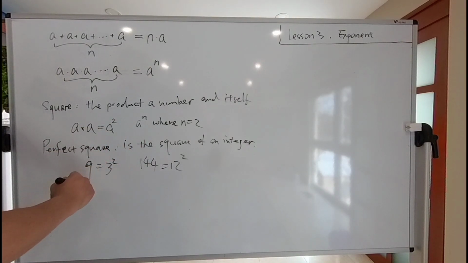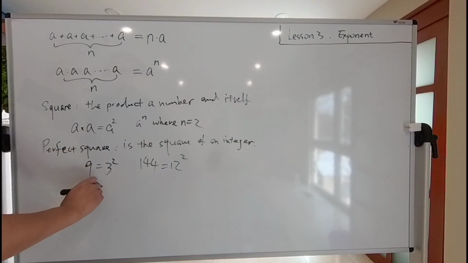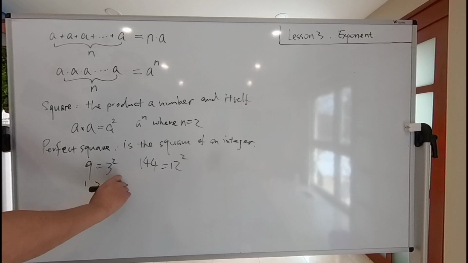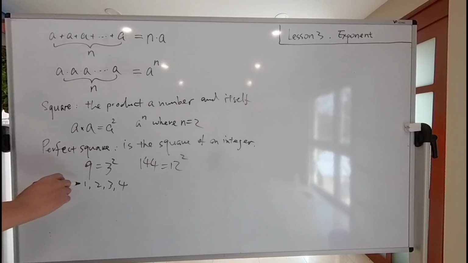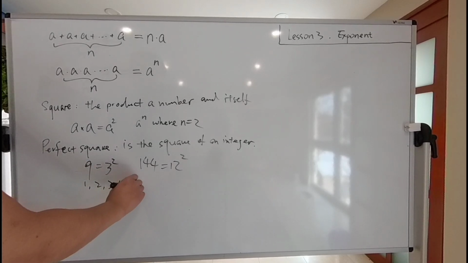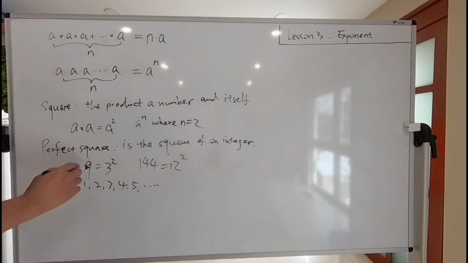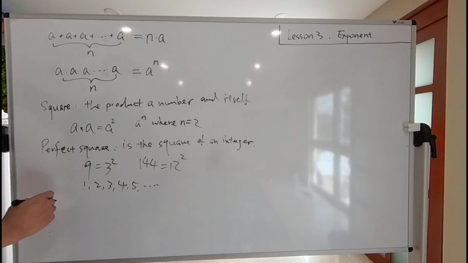Or in the opposite way, for every single integer, and here we'll narrow down to the positive integers, if you take the square, the number you get is a perfect square.